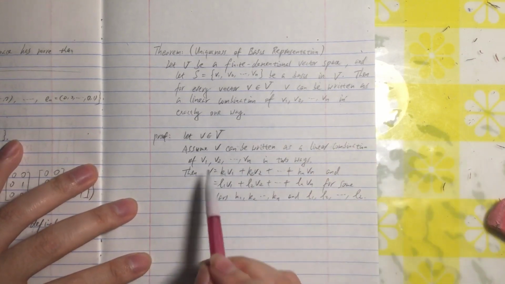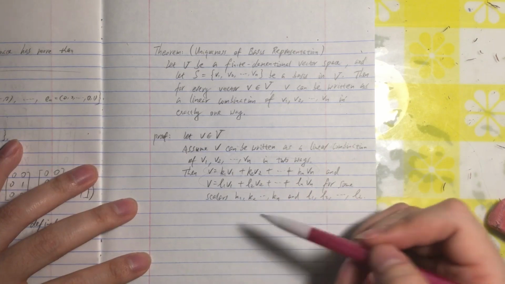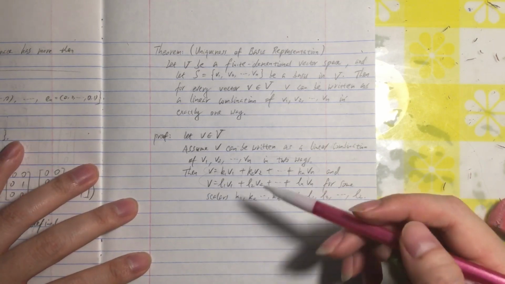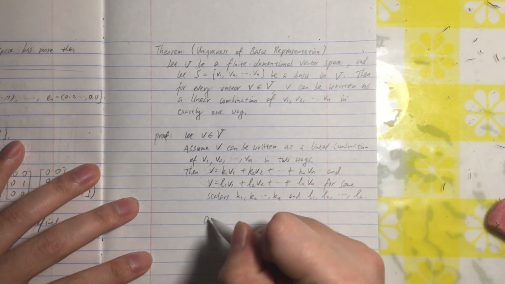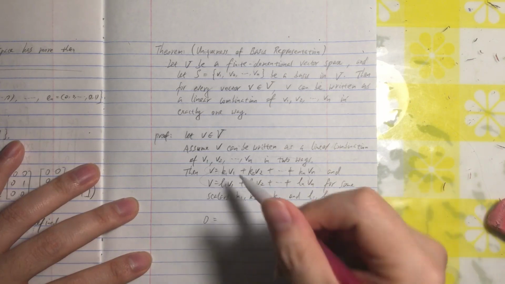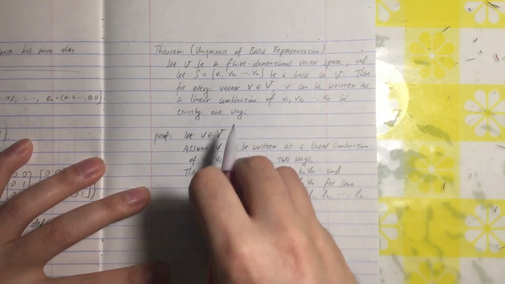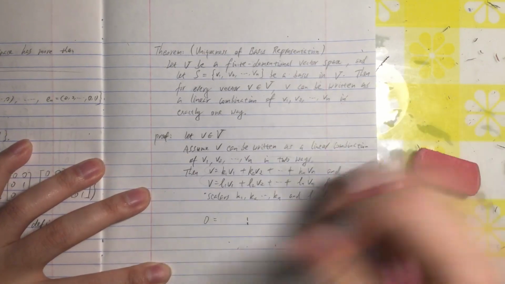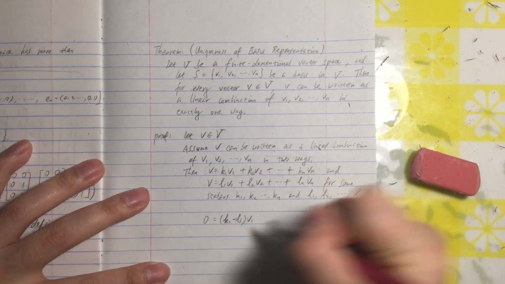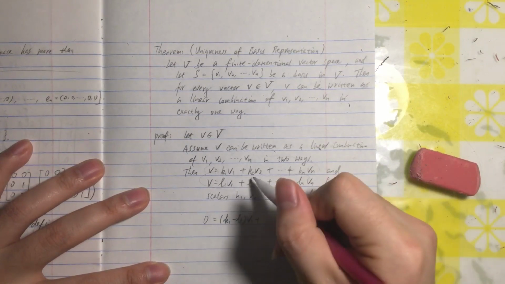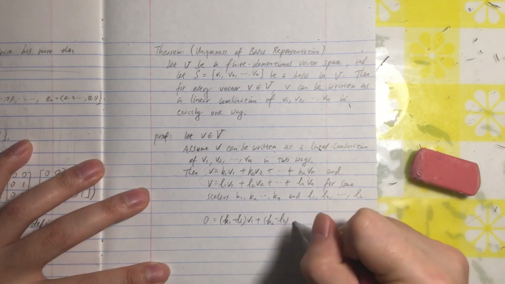Then for these two equations, if I subtract these two equations, what do we get? On the left side, v minus v is 0. If I subtract these two terms, I have (k1 minus l1) times v1. If I subtract these two terms, I have (k2 minus l2) times v2.